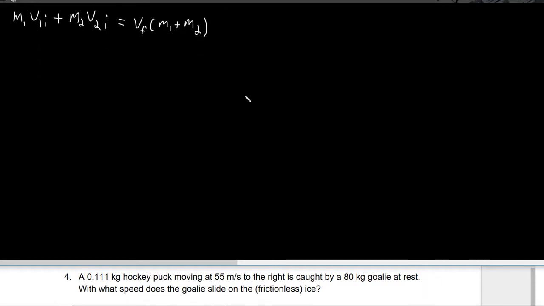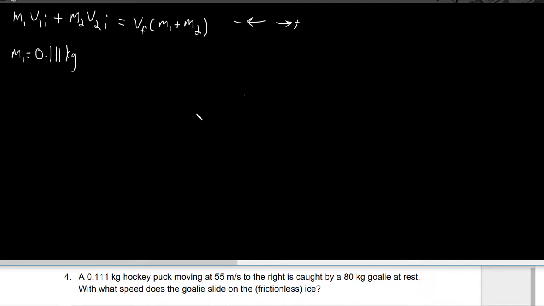A 0.11 kilogram hockey puck. Let's just call that hockey puck the first object. So the mass of object 1 is 0.111 kilograms. It's moving at 55 meters per second to the right. I would say positive in this case is to the right, and negative will be to the left.